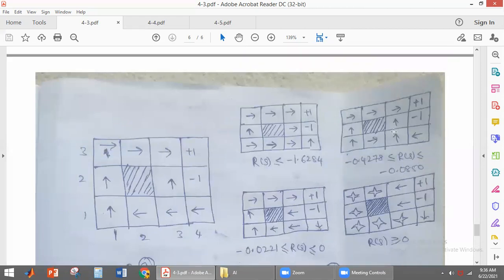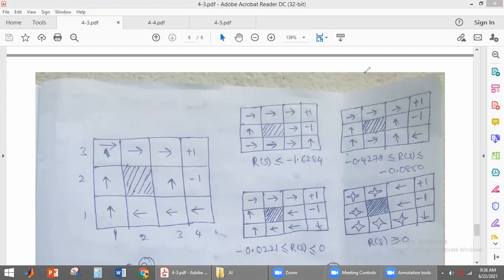Okay. And if the reward is between these two, how will the figure be here? The agent will be taking the shortest path to reach +1. It is also taking the risk of entering -1. So whenever it takes this direction, students, it will be taking a risk of entering into -1. Okay, but it is always taking the shortest path.